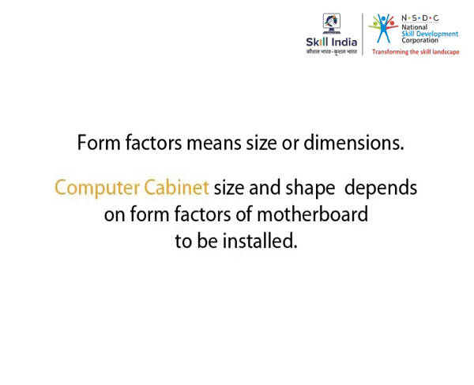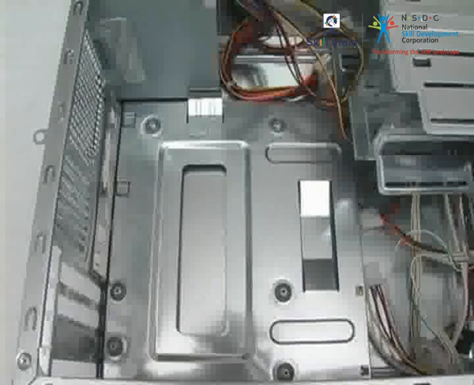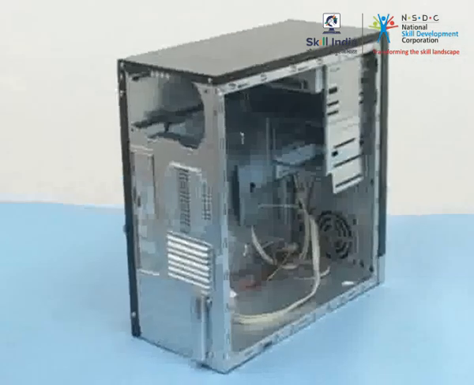The size and shape of a computer cabinet is usually determined by the form factor of the motherboard, since it is the largest component of most computers. Form factors specify only the internal dimensions and layout of the cabinet.